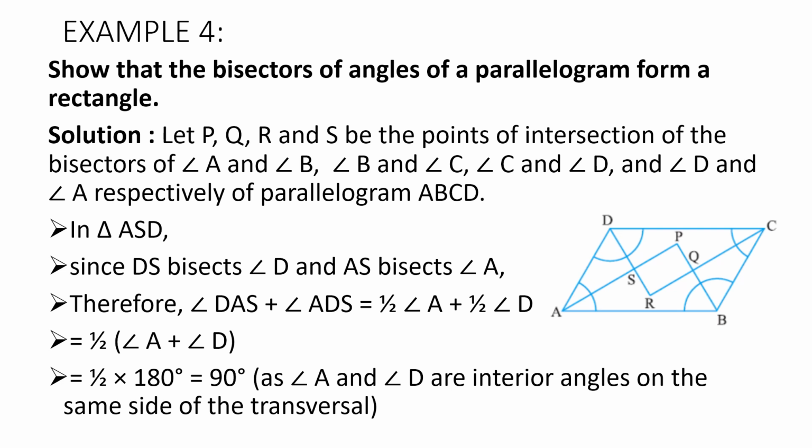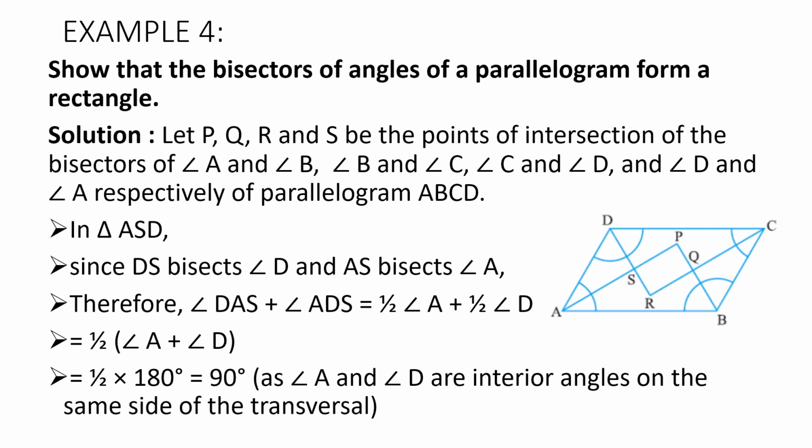Now in triangle ASD, since DS bisects angle D and AS bisects angle A, we can write angle DAS as half of angle A and angle ADS as half of angle D. So we have this equal to half of angle A plus angle D. But angle A and angle D are the interior angles on the same side of the transversal, so the sum is 180 degrees.